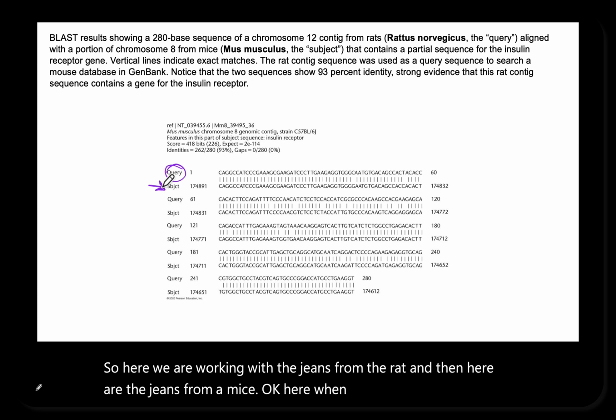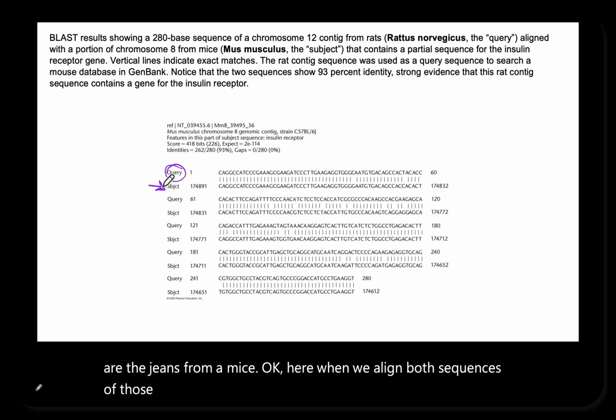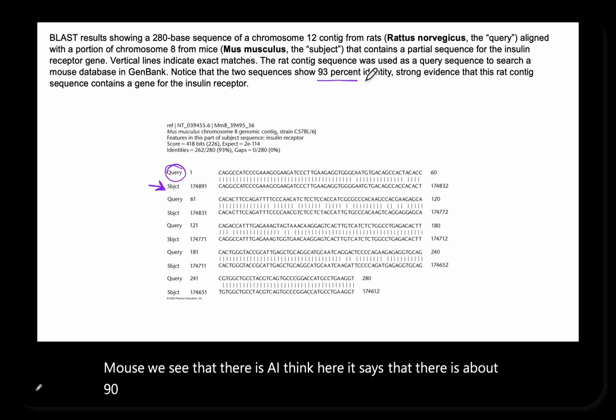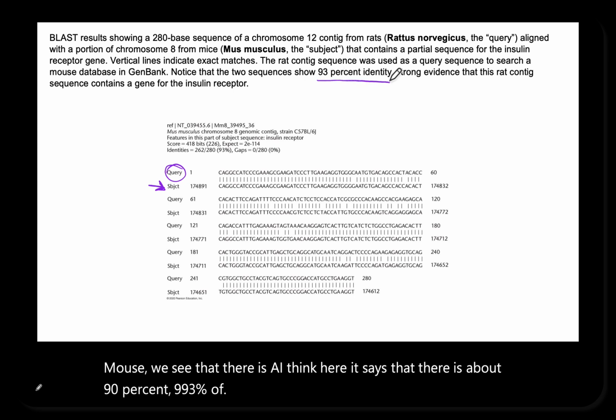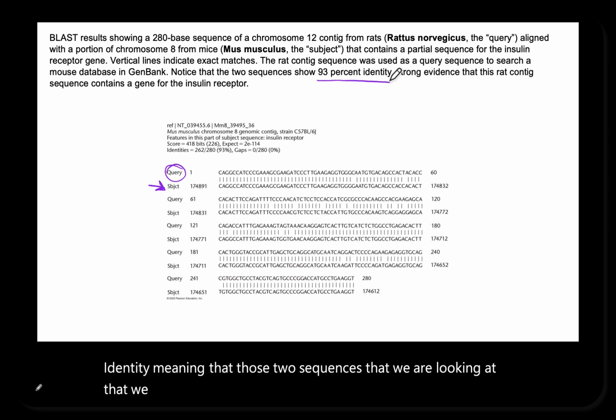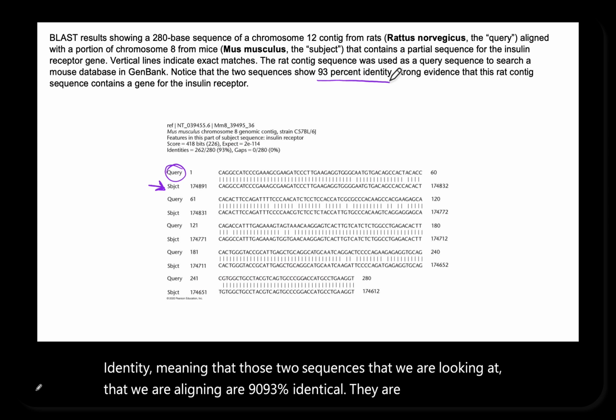When we align both sequences of those two genes, one from the rat and one from the mouse, we see that there is about 93% identity, meaning that those two sequences that we are aligning are 93% identical. They are very, very similar.